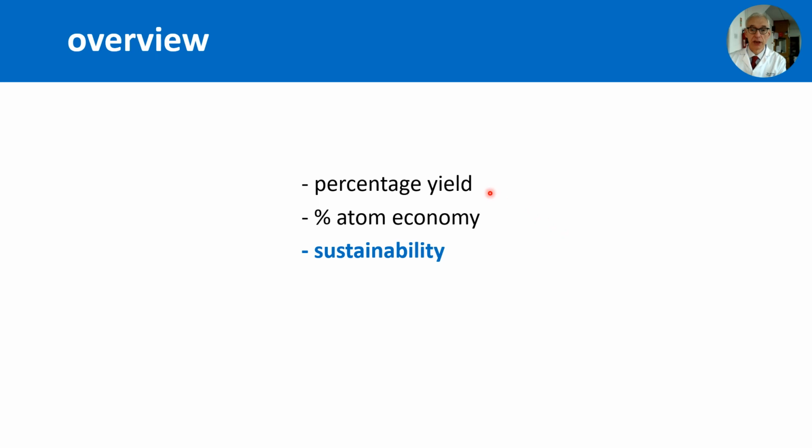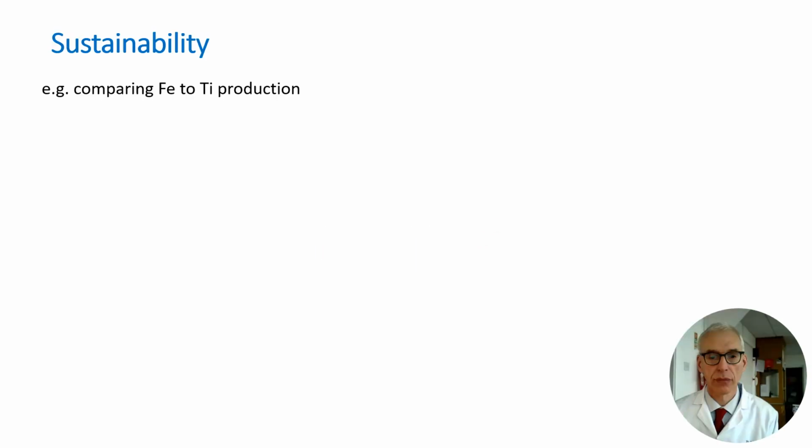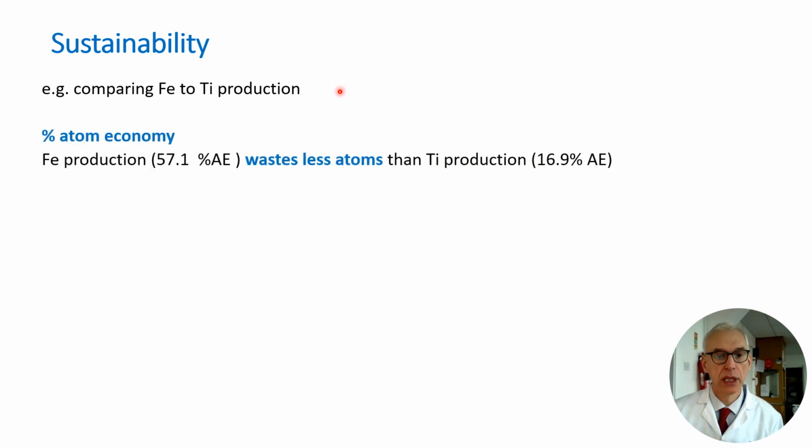So percentage yield and atom economy both contribute to the idea of sustainability. Sustainability is going to involve both percentage yield and percentage atom economy. So if we compare the production of iron to titanium, for example, we calculated the percentage atom economy for both. The percentage atom economy for the production of iron is 57.1%, whereas for titanium it's 16.9%.